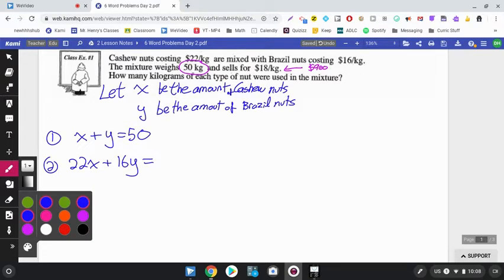Figuring out those amounts had to boil down to $900, which was the amount times the price. So that's the hard part, getting that set up: the amount of money I paid for cashews plus the amount of money I paid for Brazil nuts boils down to $900.